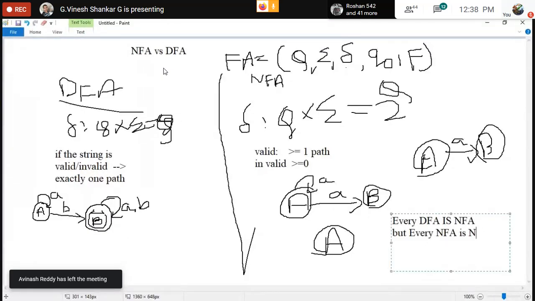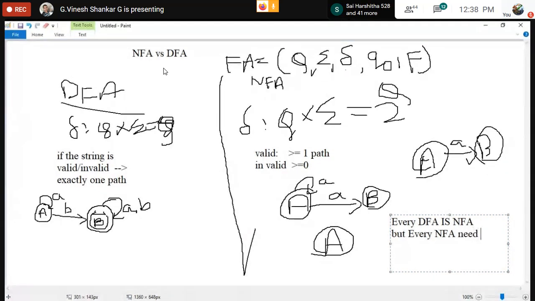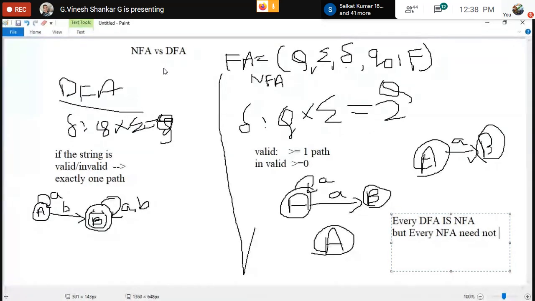Every NFA need not be a DFA. Every DFA is NFA, remember, but every NFA need not be DFA.